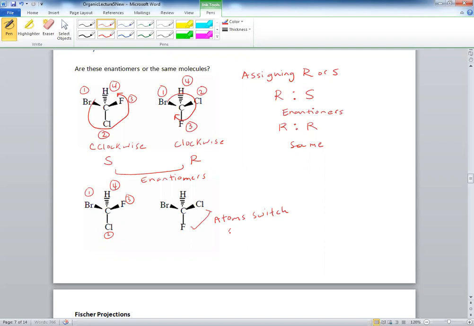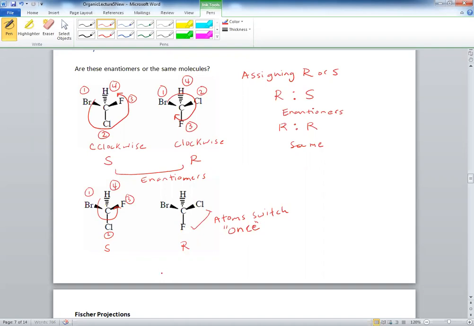And here's the key word: once. Then if you find that this is S, and there was just one switch between 2 atoms, then that would be an R. If it was 2 switches, it would go back to the same molecule.